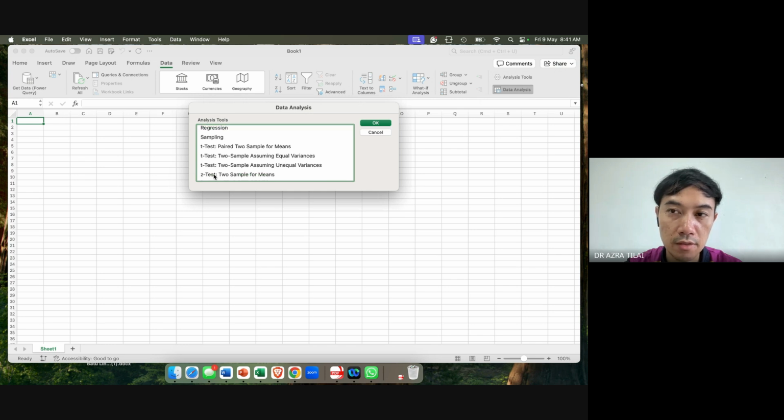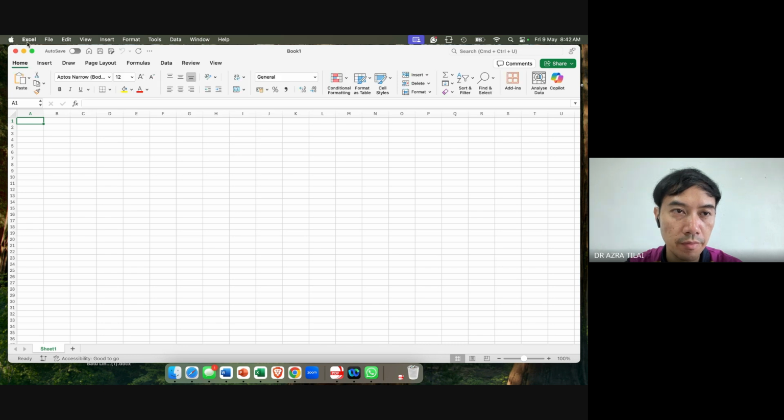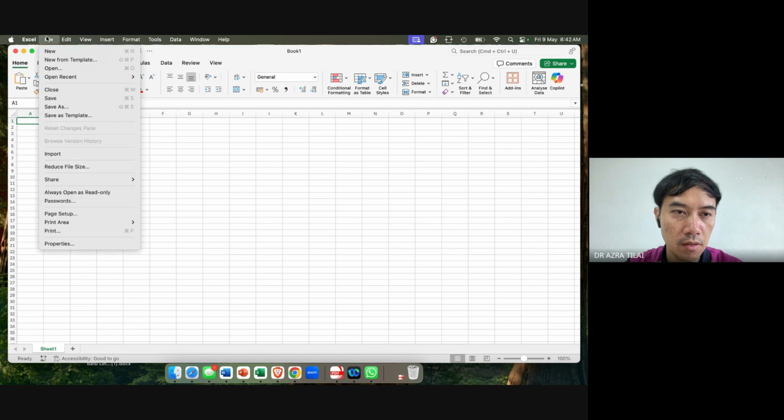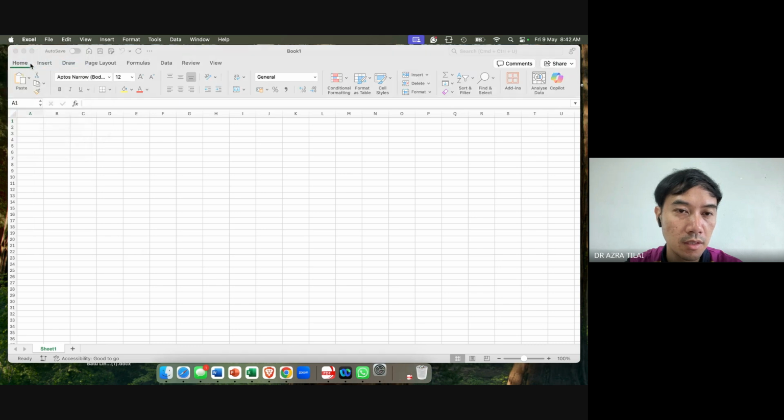Oh, okay, this one. You can do the Z test, T test. Sometimes your computer or laptop does not have this section. For Mac, because I'm using Mac, you can go to Home or File. I think yours should be Windows? If you go to the top right hand side, for you to enable it, system setting.